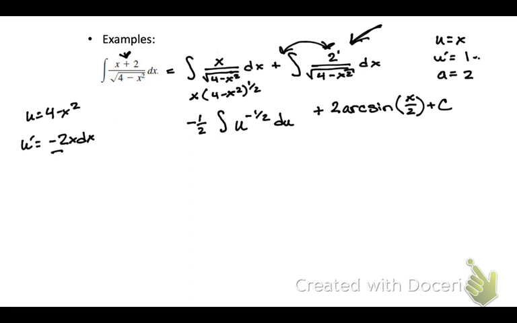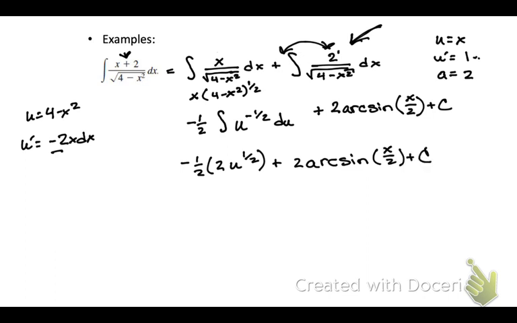So then add 1, divide. If I add 1 to negative 1/2, I get 1/2, and then multiply by 2, right? So negative 1/2 times 2 u to the 1/2 plus 2 arc sine x over 2 plus c.